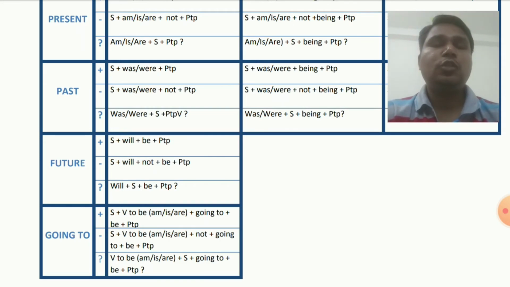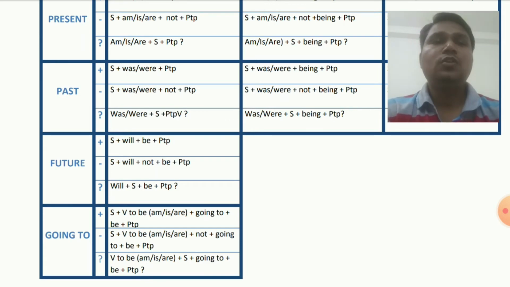To make negative, you have to use the format: subject plus shall or will plus have plus not plus been plus past participle. To make the interrogative, you have to use the format: will plus have plus subject plus been plus past participle plus question mark.